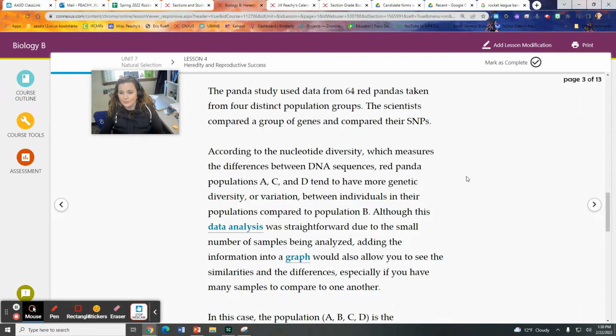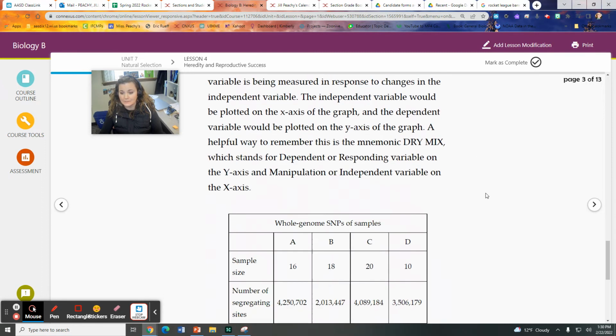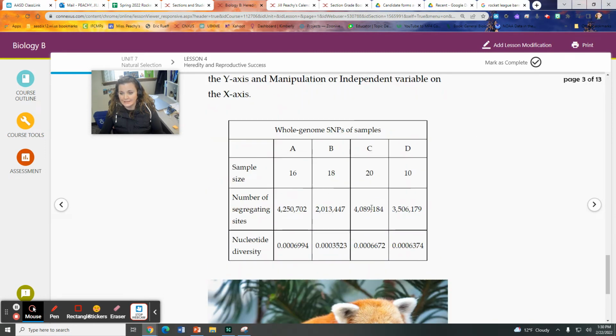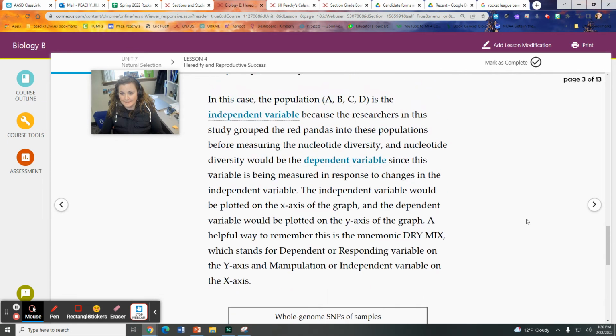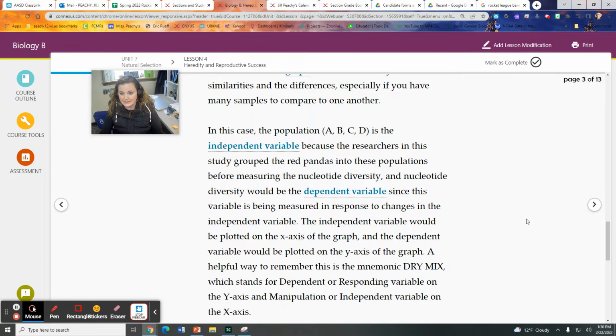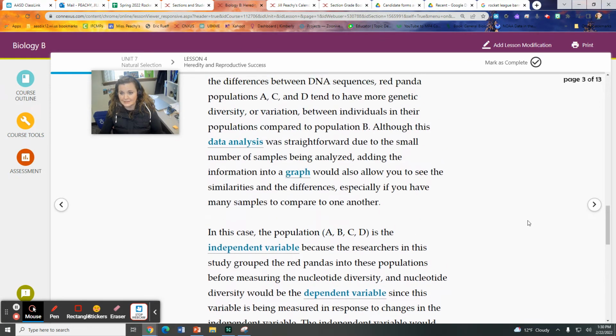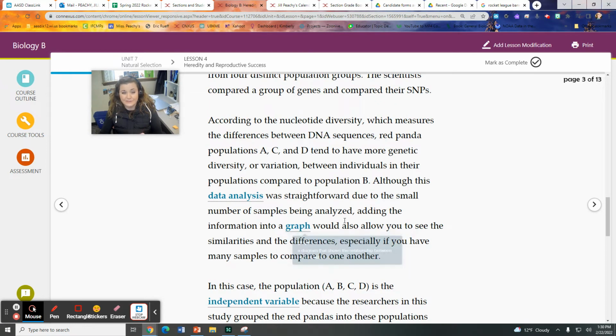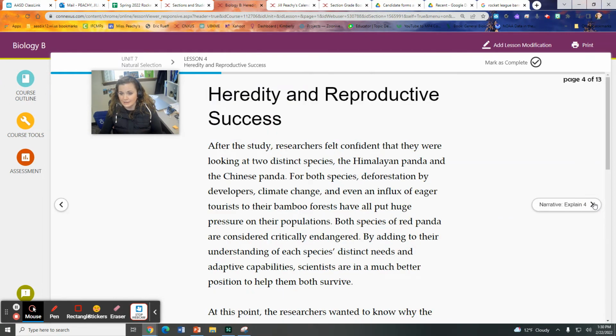It says that red panda populations A, C, and D have more genetic diversity or variation than population B. And you can see that A, C, and D have more diversity than population B. And so that was kind of a distinct difference. That was something that they were able to determine as a conclusion here. That was found using this information.